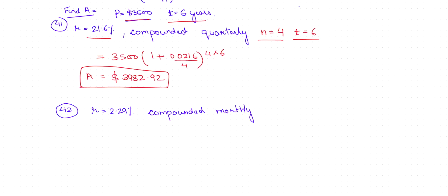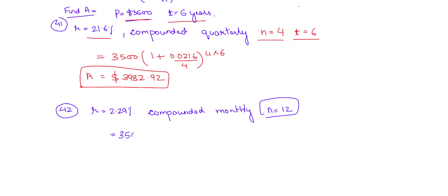Here the interest rate has changed and we are compounding monthly. N means the number of times a year, so n is now 12. Everything else is 3500.